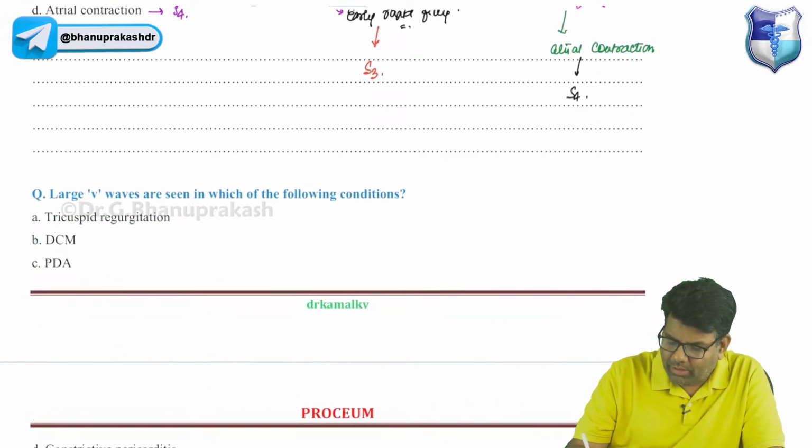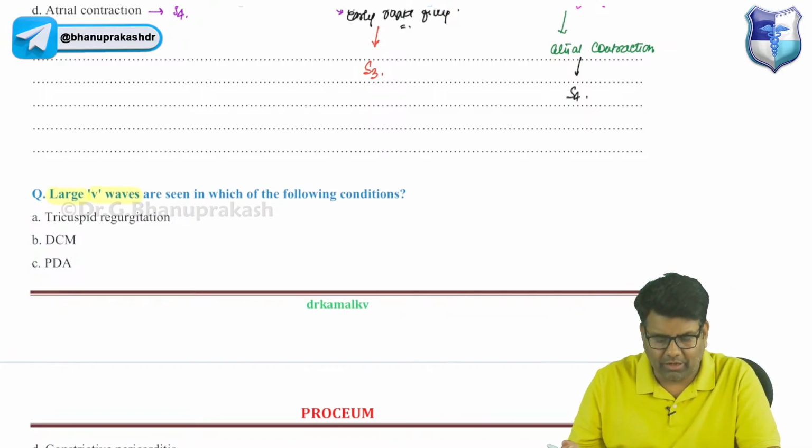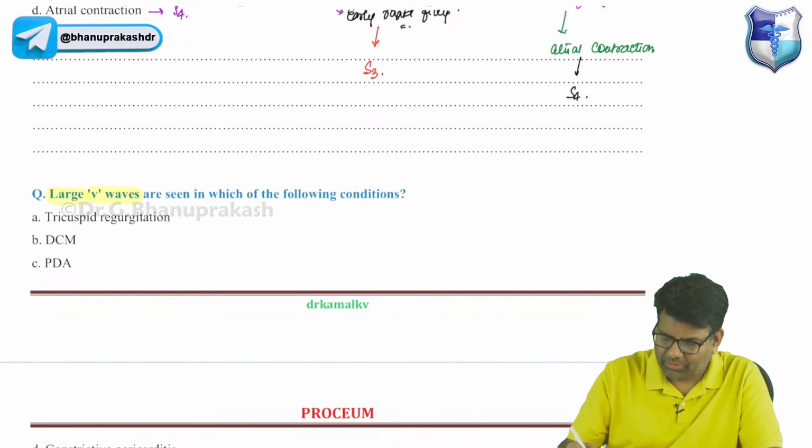Now, next question, large V waves are seen in which condition? Okay, good, yes. So this is tricuspid regurgitation. Now let us discuss the different waves of JVP. So JVP has got positive waves and negative waves.